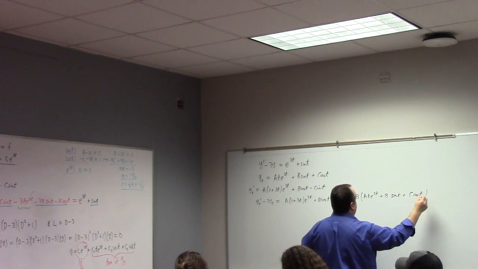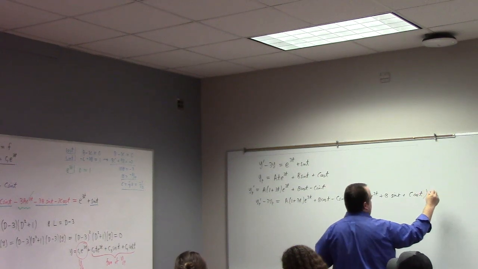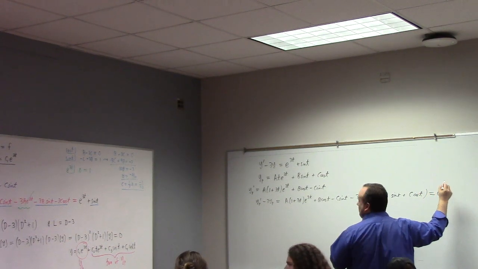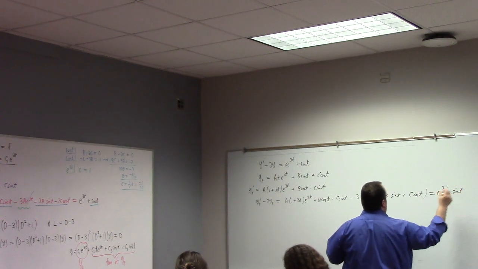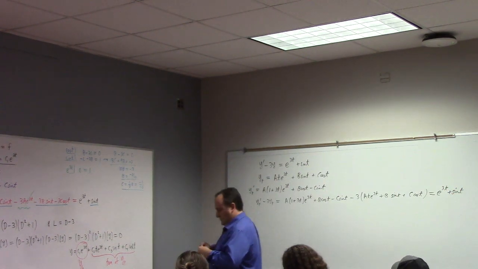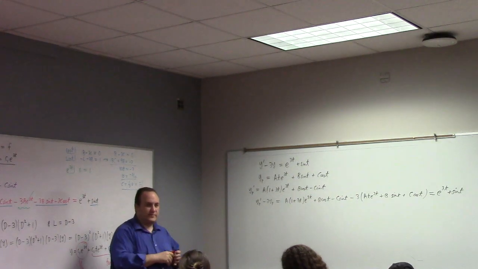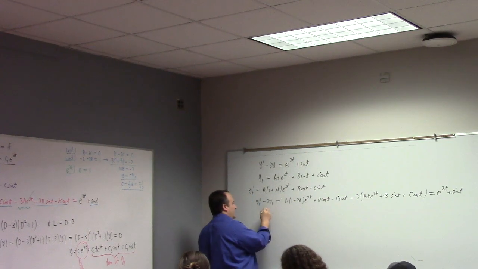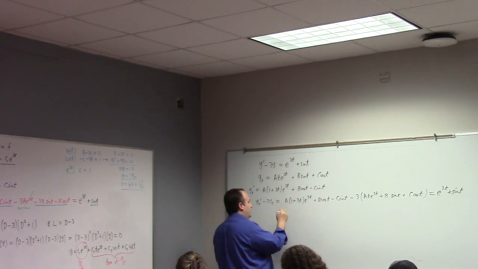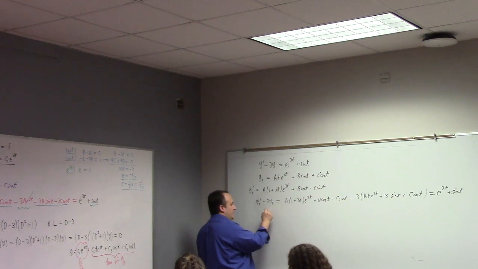The sine and cosine part of this algebra is going to go through exactly like we just did in example 3. So the b and c part of the algebra goes through just like we already did. But the e to the 3t stuff is interesting now.